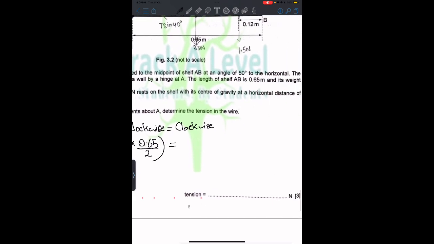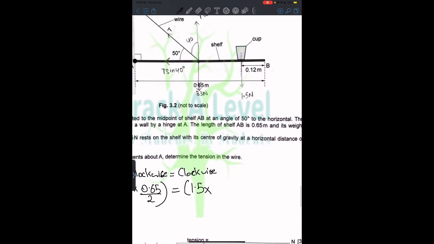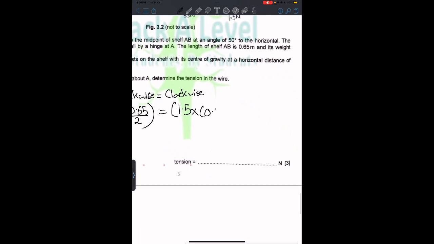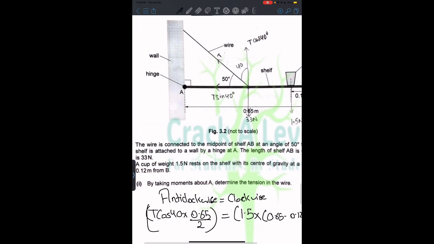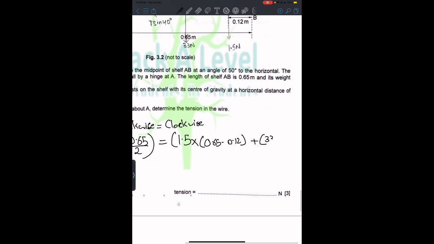Then anti-clockwise we know 1.5 Newton, multiplied by 0.65. You can actually find it out with a calculator, I am just doing it a much faster way, minus 0.12 meter. And plus the weight due to the shelf itself. This is very important because it also has a weight itself, 33.